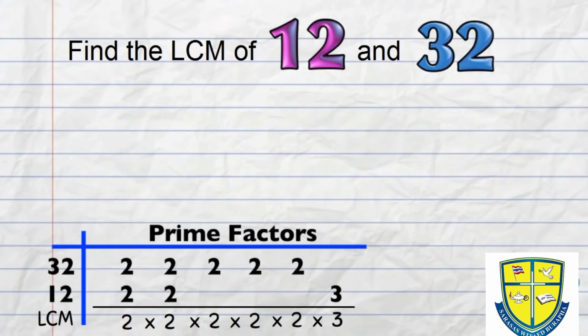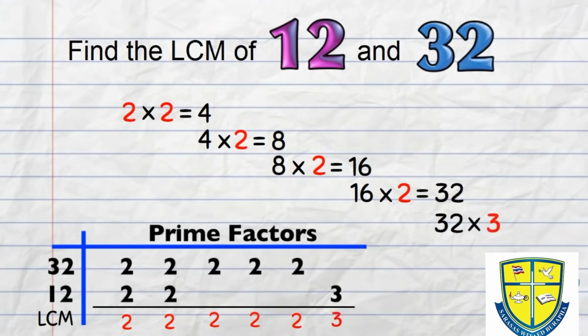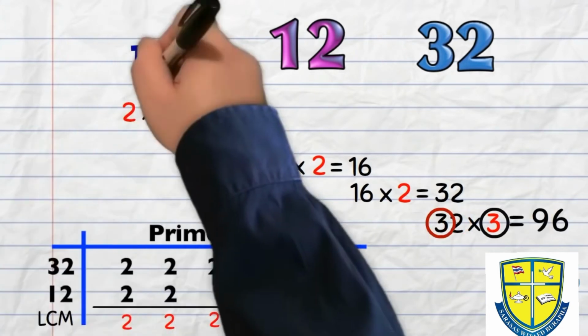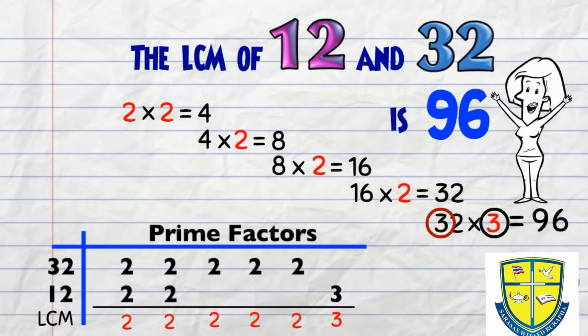Work it out. 2 times 2 is 4, times 2 is 8, times 2 is 16, times 2 is 32. 32 times 3: 3 times 2 is 6, and 3 times 3 is 9, so the LCM of 12 and 32 is 96.